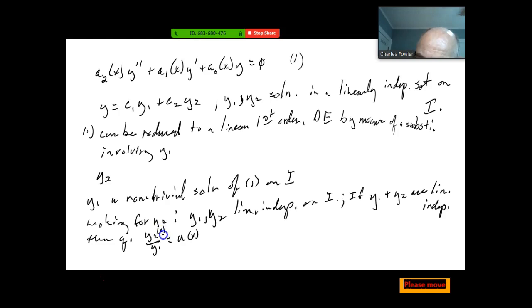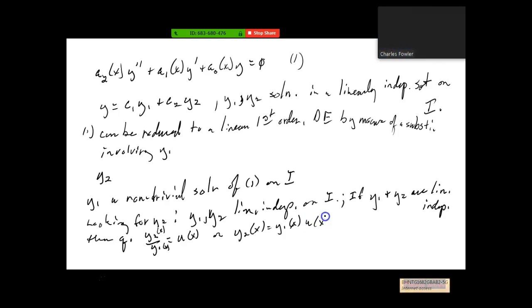These are both functions of x. Another way to express that is y2 of x is equal to y1 of x times u. It doesn't matter which order. They wrote u first, u of x.